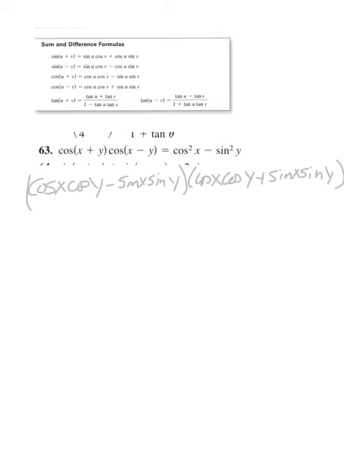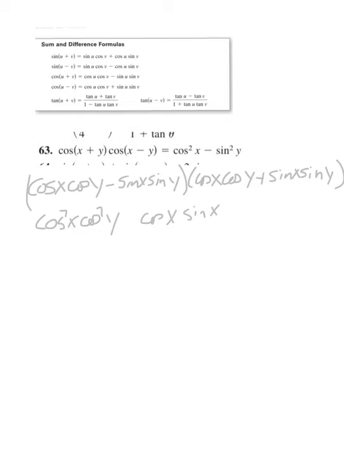So if we look at our first term, it would be cosine squared x cosine squared y, which is a nice thing. Our outer term would be cosine x sine x, and then cosine y sine y.